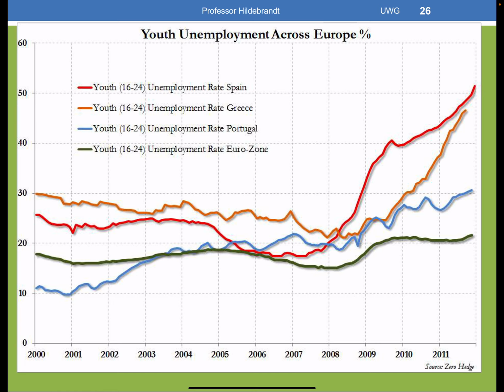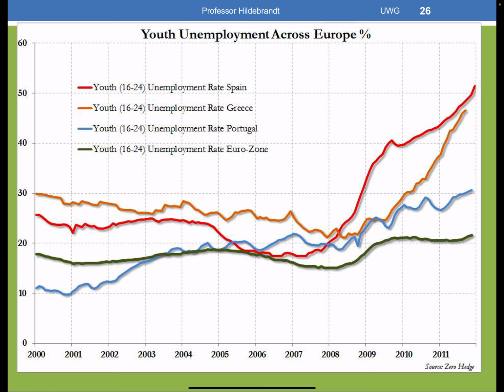This is actually data from Europe, Spain, Greece, Portugal, and then what we call the Eurozone. And this was just showing how during the recession, we call it the Great Recession here in the United States, but that recession didn't just affect us. It affected countries all over the world. And so we saw astronomical rates in the younger populations in some areas of Europe.